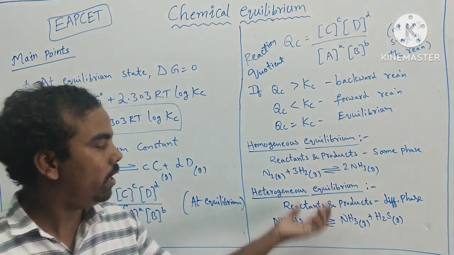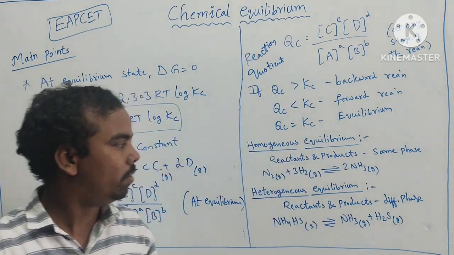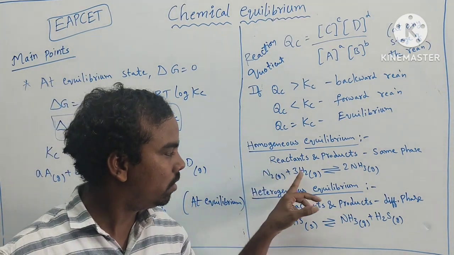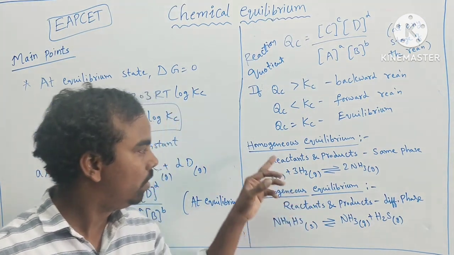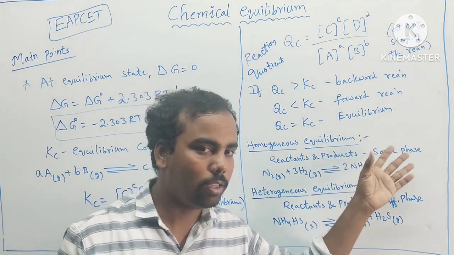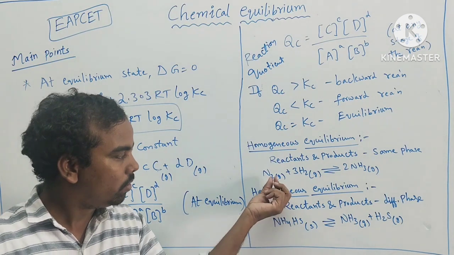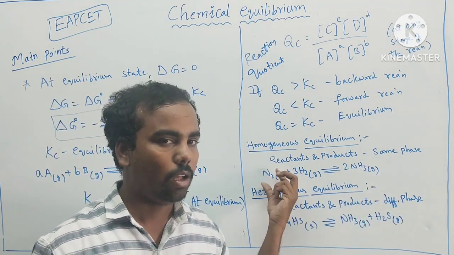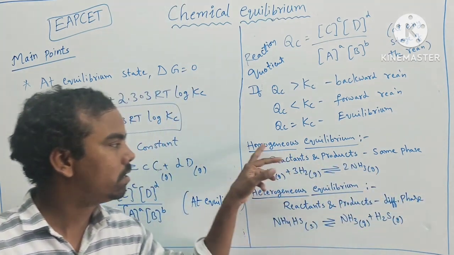Next, different types: homogeneous and heterogeneous equilibrium. Homogeneous equilibrium means reactants and products are all in the same phase. For example, N2 is in gaseous state, hydrogen gaseous, ammonia gaseous, all in the same phase, so it is called homogeneous.